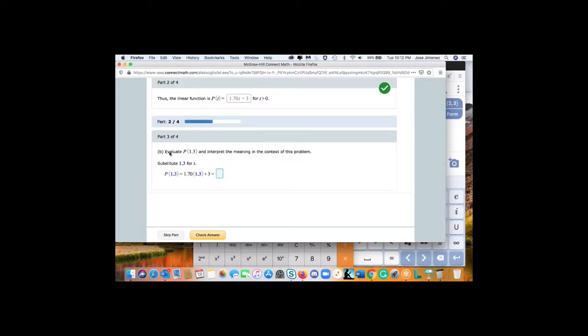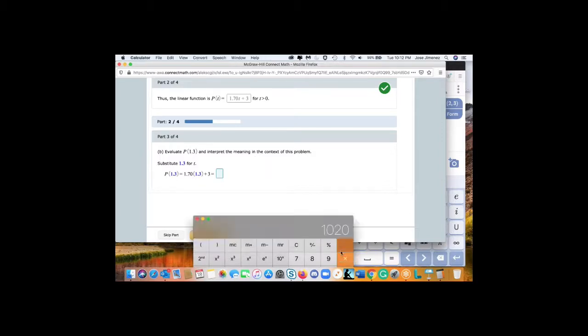Now, evaluate means you substitute this value into the variable t, because now the time is 1.3. So you want to check what would be the cost, or how much you have to put in the parking lot.